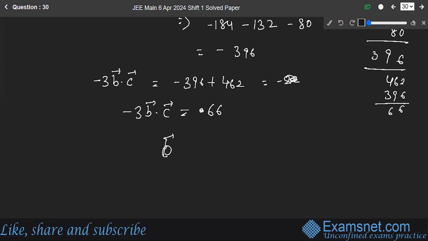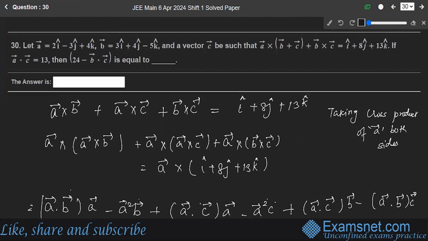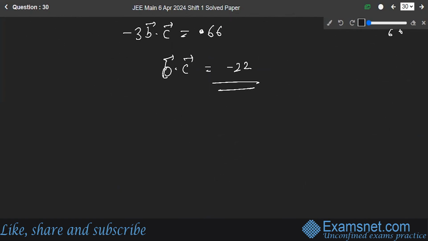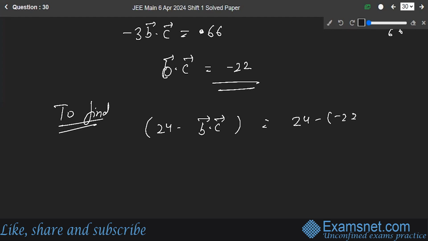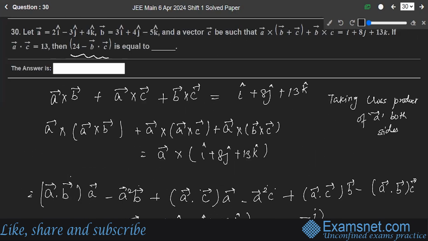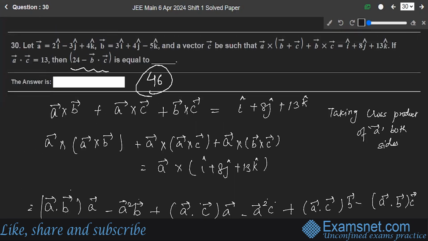So b vector dot c vector will be equal to minus 22. Right. Now let's get back to our question. We had to find out 24 minus this b dot c. To find was 24 minus the dot product of b and c vector. So 24 minus of minus 22, which is 46. So this is the answer to the question, 46.